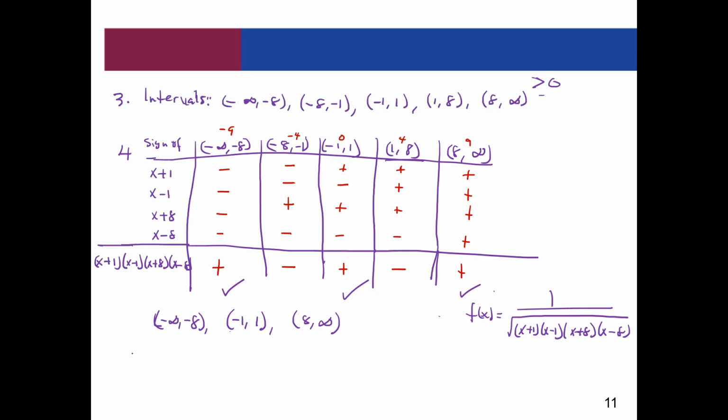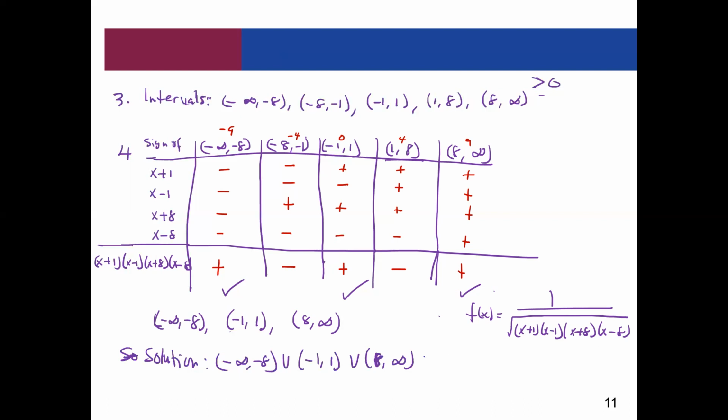Therefore, the solution is actually everything that we got there: from negative infinity to negative 8, union negative 1 to 1, union 8 to positive infinity. All right, so that gives us the solution.